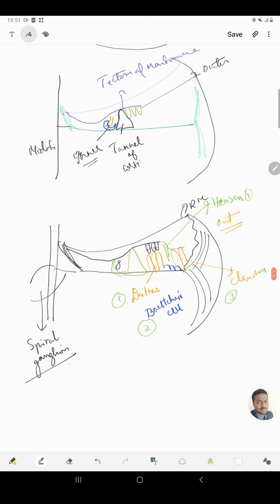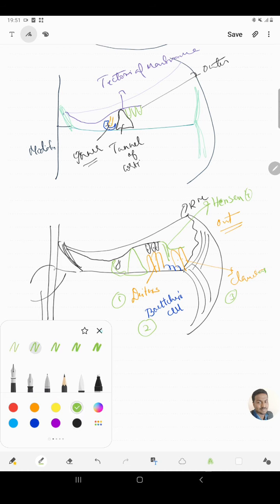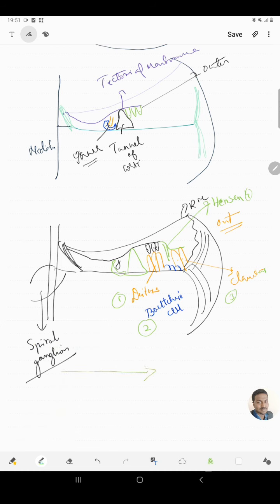This spiral ganglion is usually of cochlear nerve fibers that are myelinated. When it reaches inside, from here to here, when it is entering inside, here it is myelinated and here it is unmyelinated.